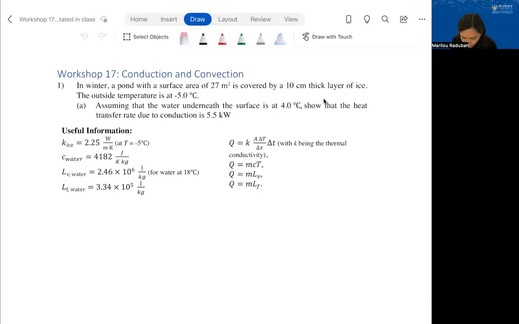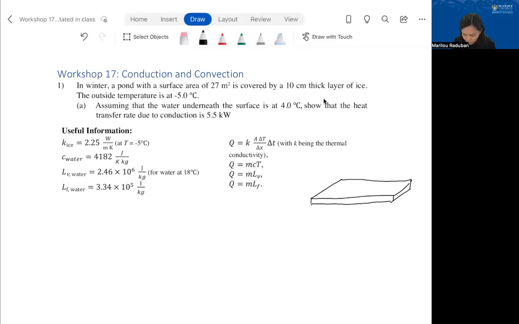So if we draw that scenario, say draw the cross-sectional area of the pond. Right, so let's say that's the cross-sectional view or 3D view of the pond.